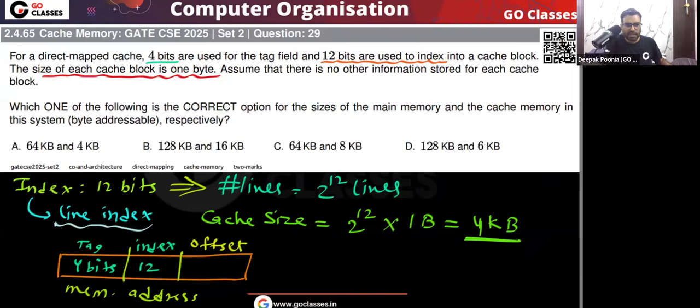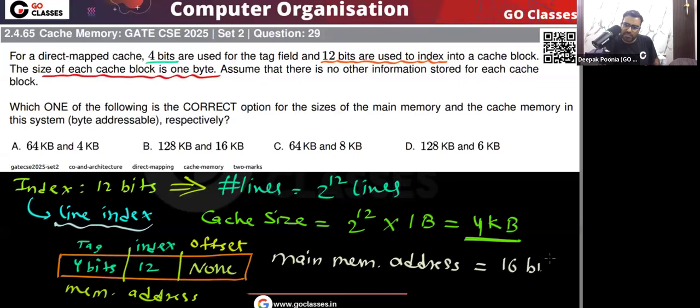So here I can say none, there is no block offset. So finally, main memory address size: how many bits does the main memory address need? That will be 12 plus 4, that is 16 bits.